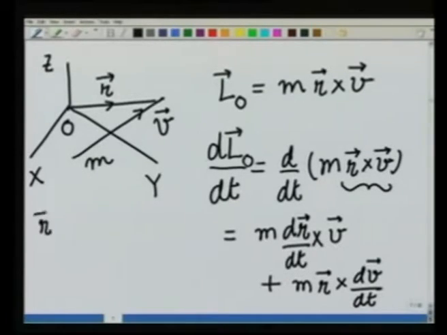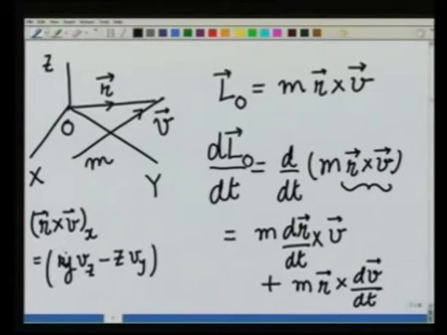As I said earlier, if you are not comfortable with using the vector quantities directly, take the component of r cross v, maybe take the x component, which would be equal to y v z minus z v y. Take the derivative and see that finally this emerges. So, the derivative of r cross v is going to be dr/dt cross v plus r cross dv/dt, m is common.